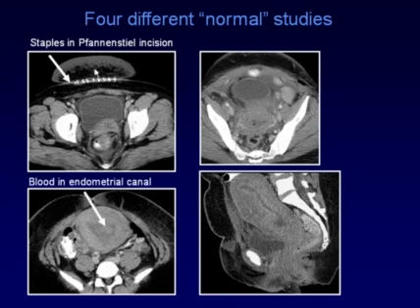Within the uterus, there's a little bit of slightly high density material, and that's blood in the endometrial canal, which is not unexpected. This case has a small focus of air in the endometrium, or it could be in the cervix, and a few tiny foci centrally located within a few days of surgery are also normal.